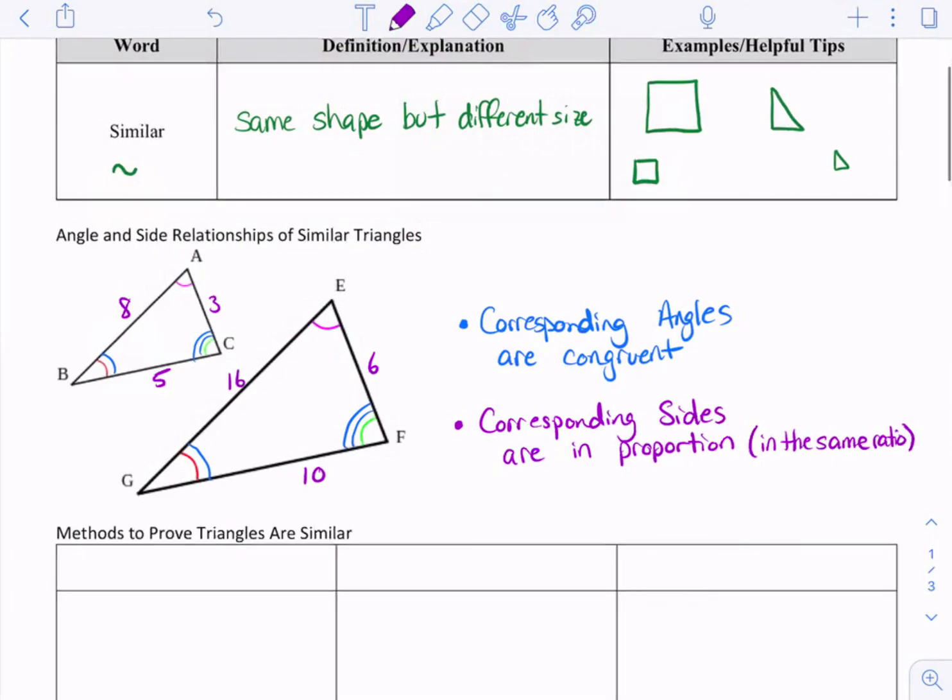So in order to do that, we like to write a proportion. So AC over EF, because those two correspond, is equal to BC over GF, because those two correspond, which is also equal to AB over GE or EG, if I wanted to use corresponding parts.